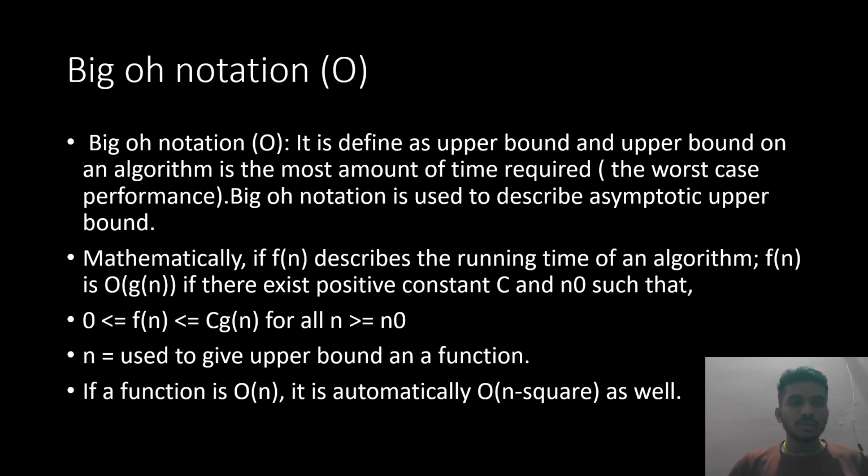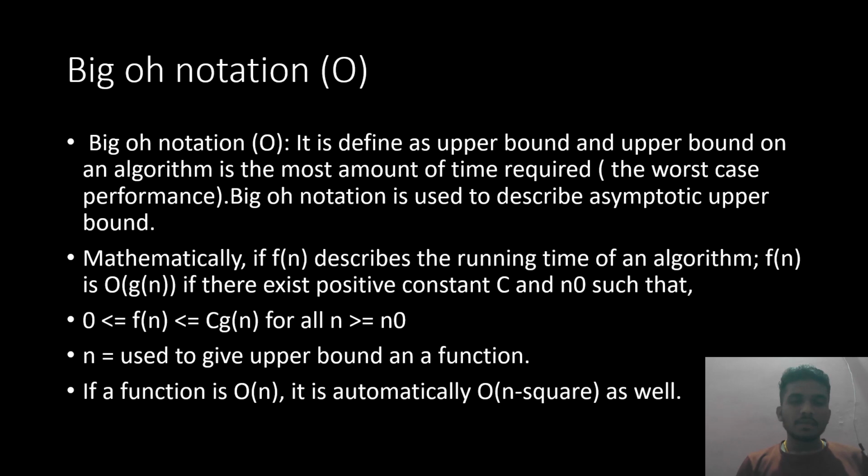Big O notation is defined as upper bound, and an upper bound on an algorithm is the most amount of time required, the worst case performance. Big O notation is used to describe the asymptotic upper bound.